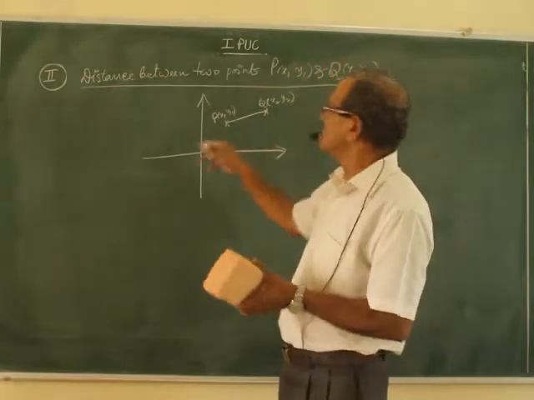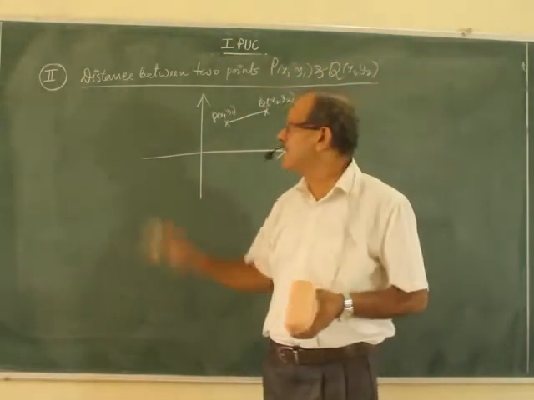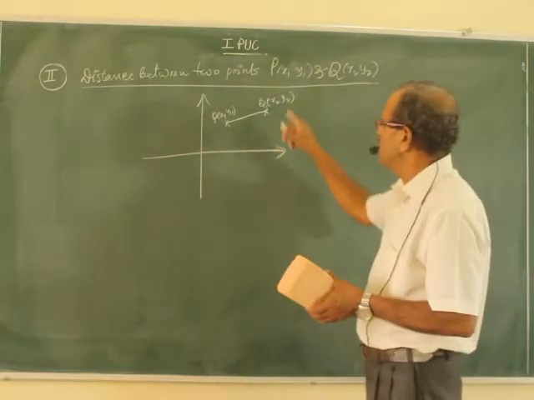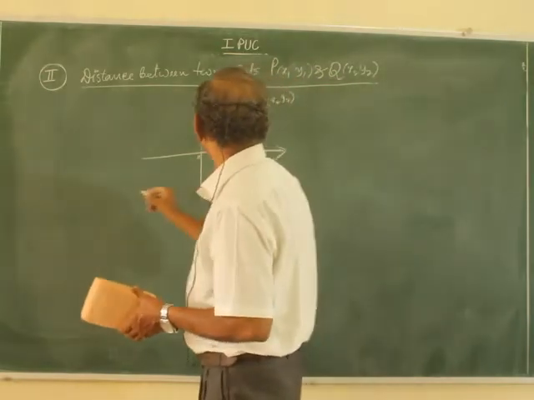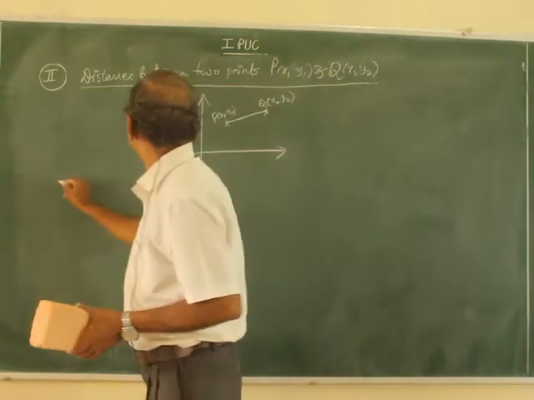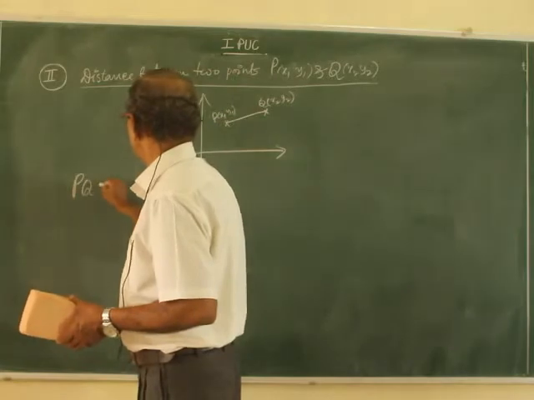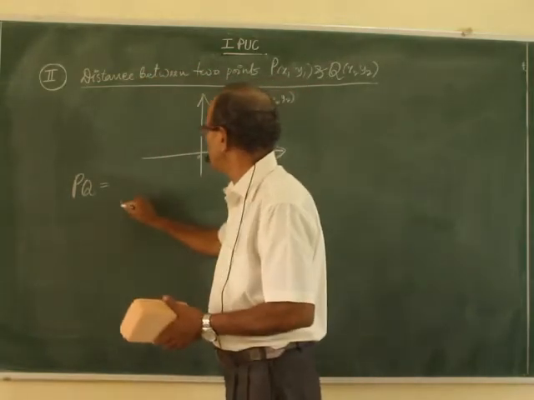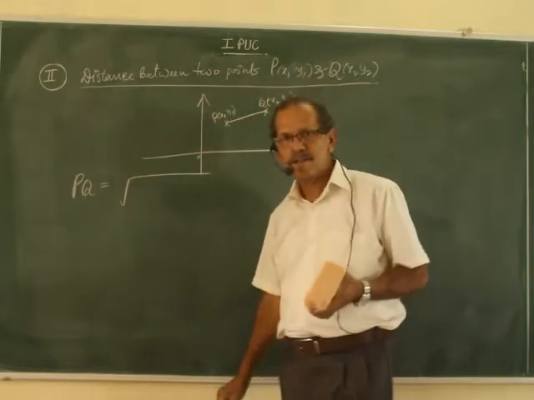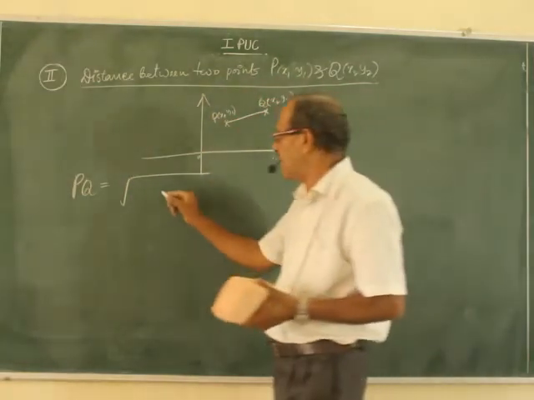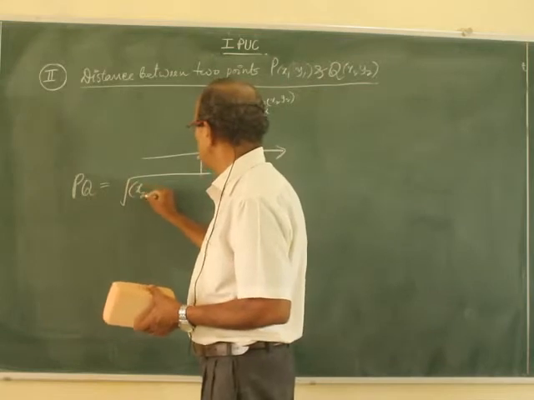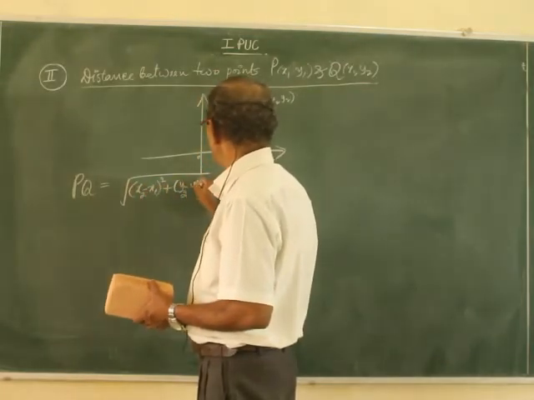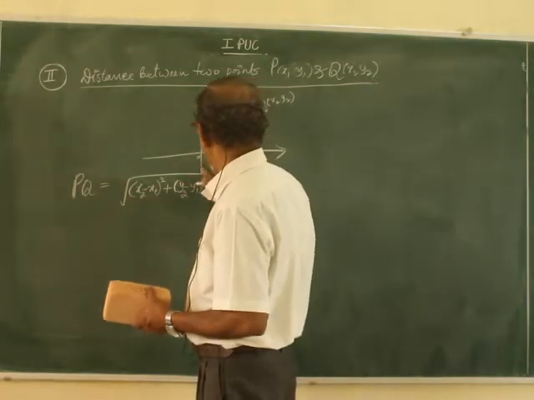Geometrical method is you have to measure the distance using a scale. But here we have the formula. Which formula? Let me give you the formula. So the distance between 2 points is PQ equal to square root of (x2 minus x1) whole square plus (y2 minus y1) whole square.